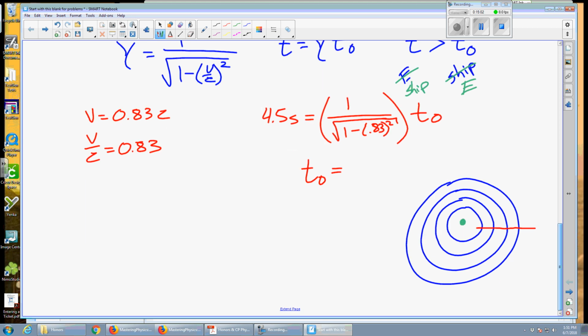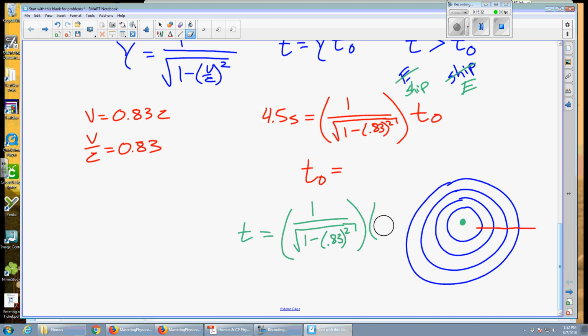Not great. I would have rewritten the problem to have the ship flying by the Earth rather than towards the Earth, because then it would have been just moving along. So now we just rearrange this where we're looking for t. We still have the same here, and this is my 4.5 seconds.